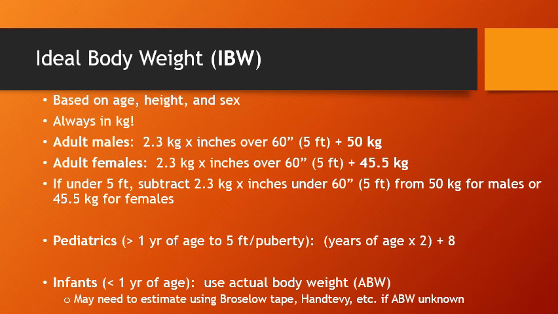So if you respond to an infant and you don't know their weight, then we may need to estimate it using a Broselow tape, the Handtevy system, etc., whatever system your service uses for that. But regardless, we're not calculating an ideal body weight for them. We're going to use their actual body weight if known, or estimated using a Broselow tape or Handtevy or something similar.